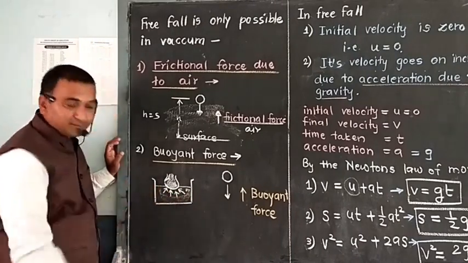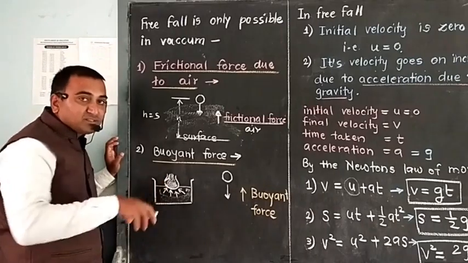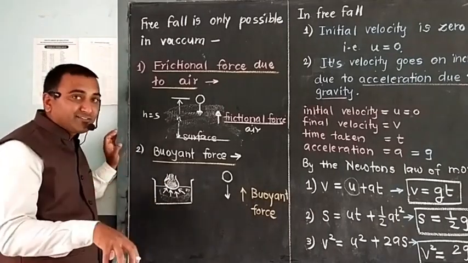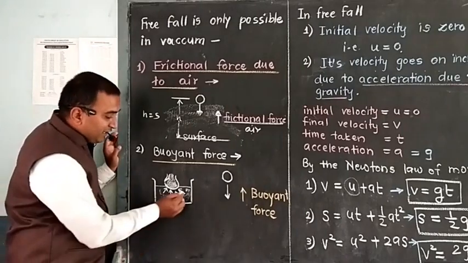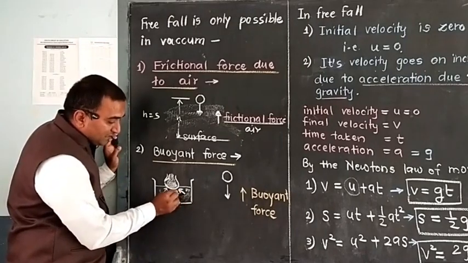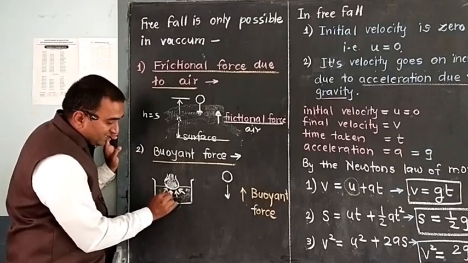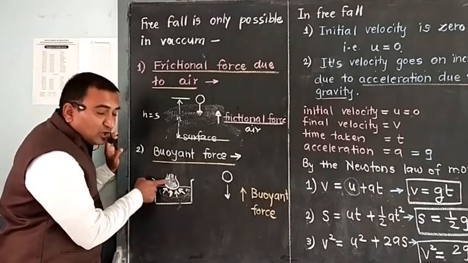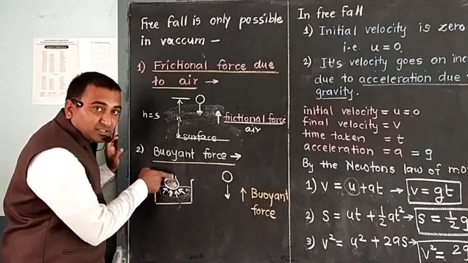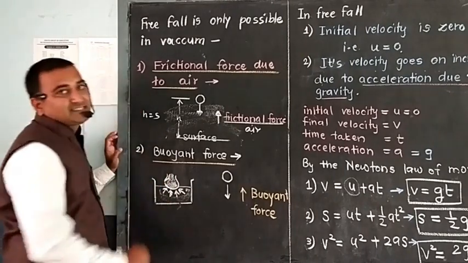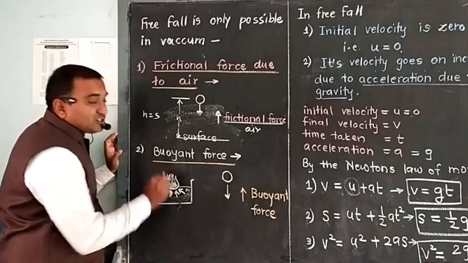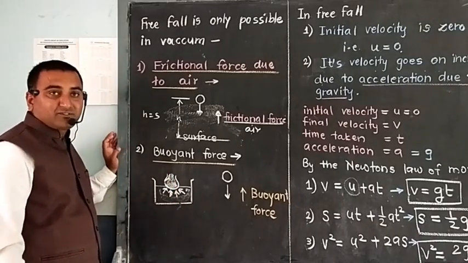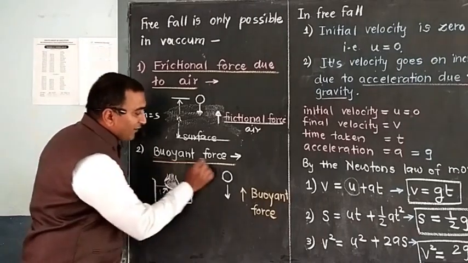When the object is immersed partially in a liquid or air, definitely a force from this medium is exerted on that object. So it will not allow that object to enter the liquid easily, and so it is floating. So why do objects float? That was the lesson we have discussed. Within that one, we discussed this buoyant force.